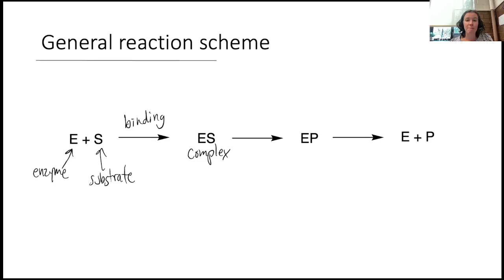Now, once enzyme binds its substrate, time for chemistry to happen. So we have a reaction performed, leaving us with the enzyme product complex. And then finally, the enzyme unbinds or releases its product.